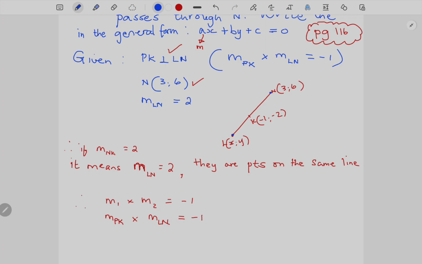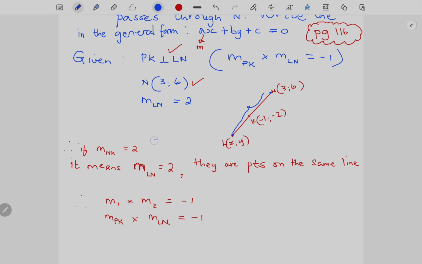This line is made up of points N, K, and L, so the gradient of this line is the same from point N up to point L. We calculated the gradient of NK in question 3.2.1, that it is equal to 2.